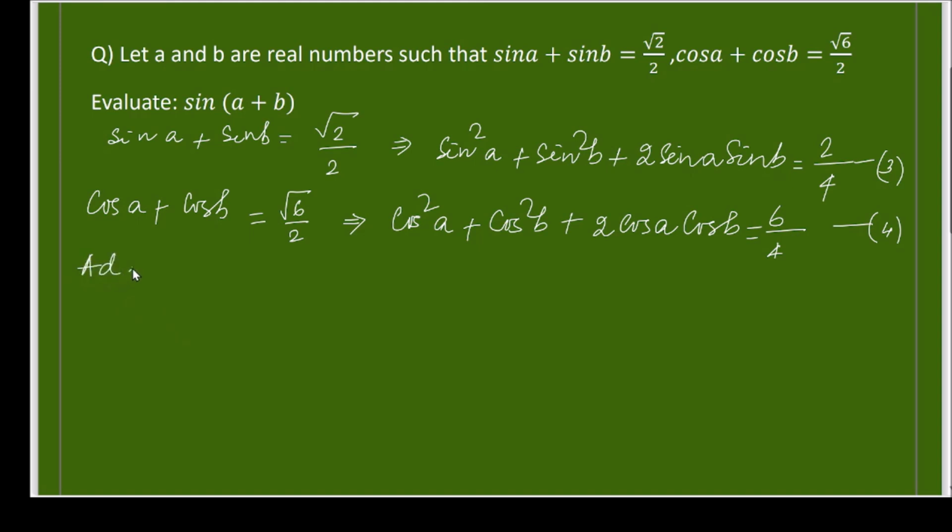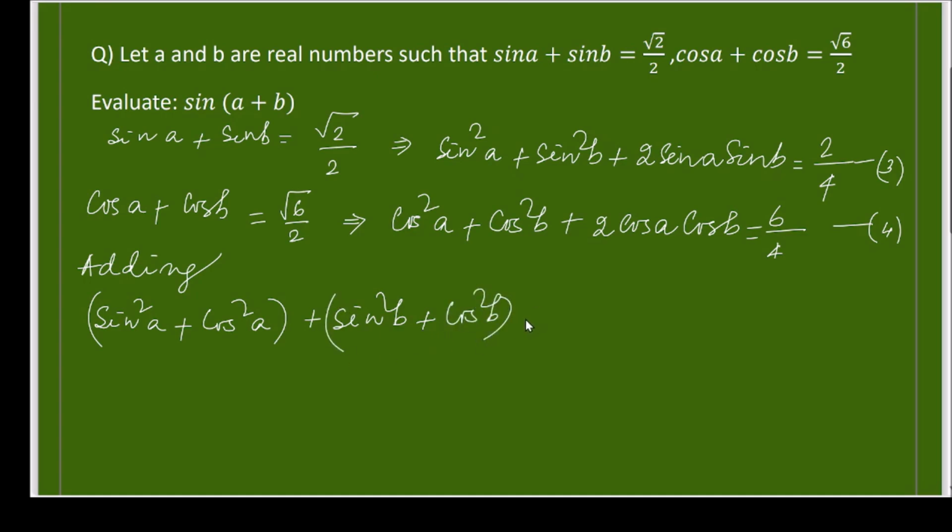Adding these two, I get sine square a plus cos square a, sine square b plus cos square b, plus twice sine a sine b plus cos a cos b, equal to 2 by 4 plus 6 by 4, that is 8 by 4. 8 by 4 is 2.